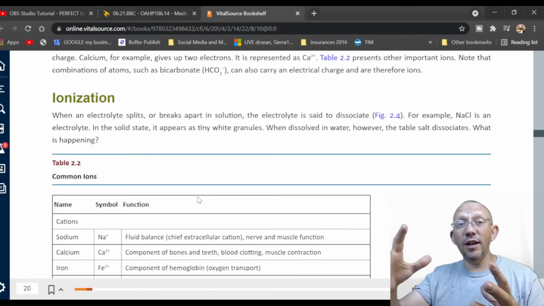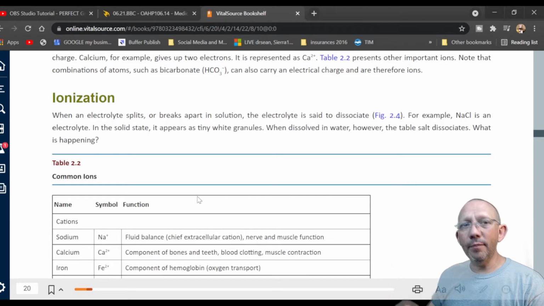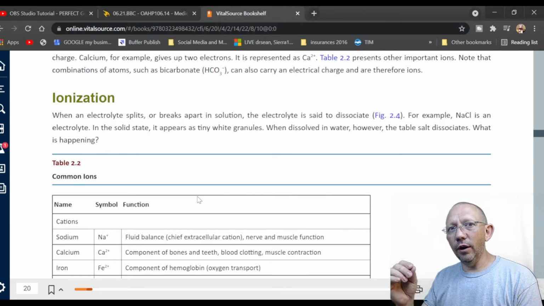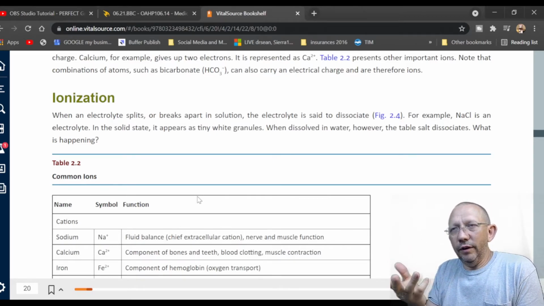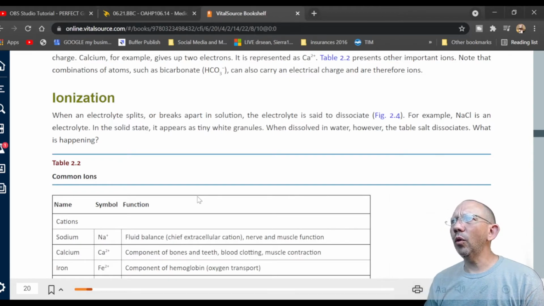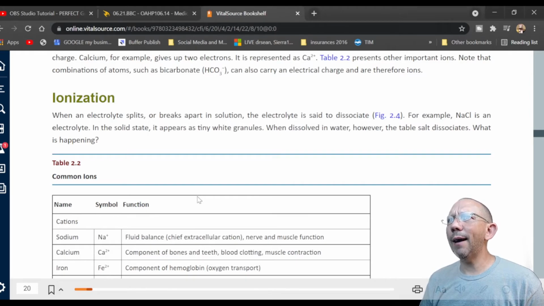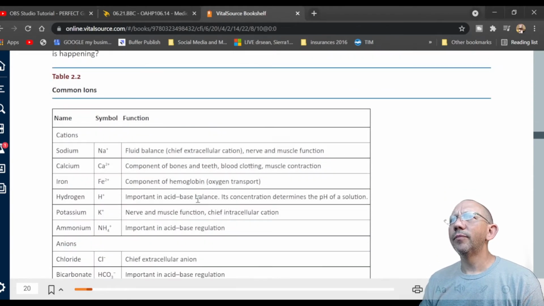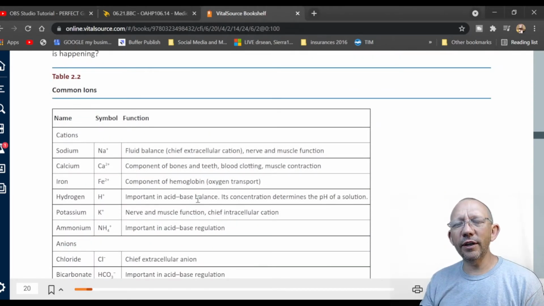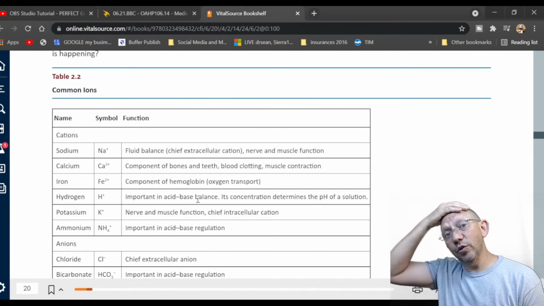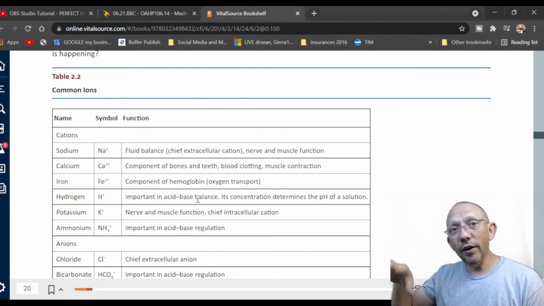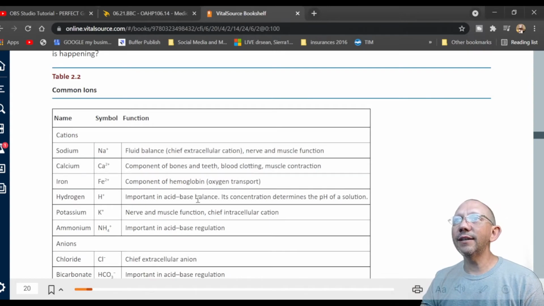Salt is a big giant crystal, and you grind it up and make little tiny granules, and then you put it on your soup or noodles. When dissolved in water, the salt dissociates. It breaks apart. It really doesn't, though. It still stays in a solution, and that solution being water, it makes basically salt water. You can still taste it that way.